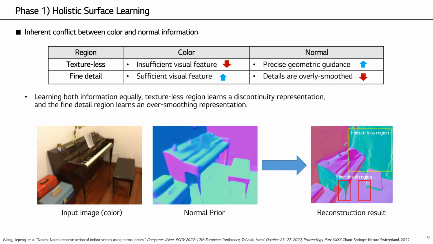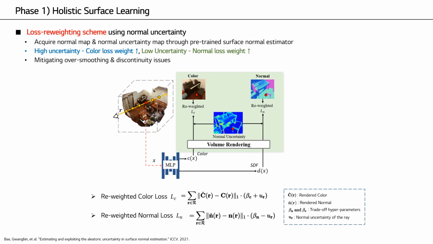This conflict results in a discontinuous representation in textureless regions and an over-smoothing representation in regions with fine details when color and normal information are applied uniformly. To mitigate this issue, we introduce a technique to reweight normal and color loss using normal uncertainty, which exhibits low uncertainty in planar regions and high uncertainty in texture-rich surfaces.